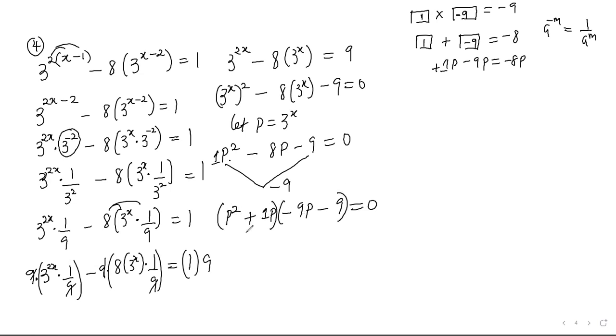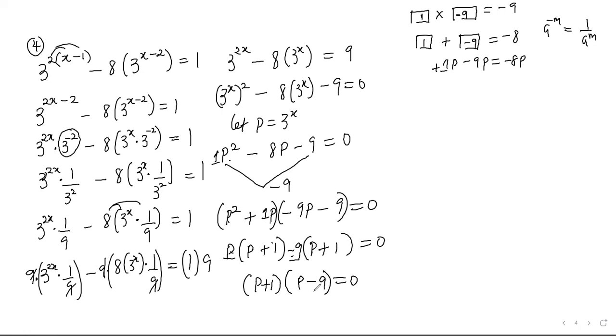What is common here is just p. p divided into p squared gives p, and p divided into 1p gives 1. Then leave a space and place what you have there. Here should be minus 9, because minus 9 times p gives minus 9p. I hope you are following. So now we have p plus 1 as the first factor, and the second factor is p minus 9, all equal to 0.